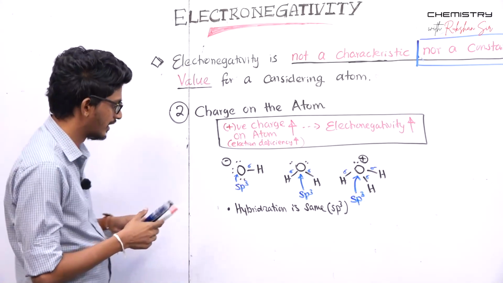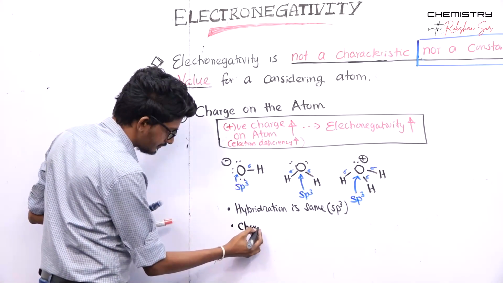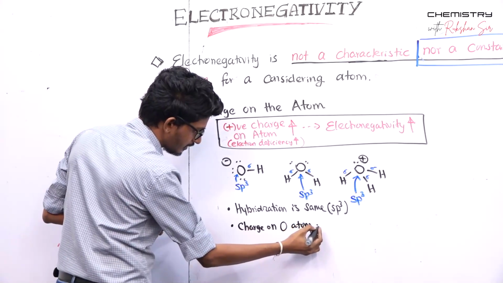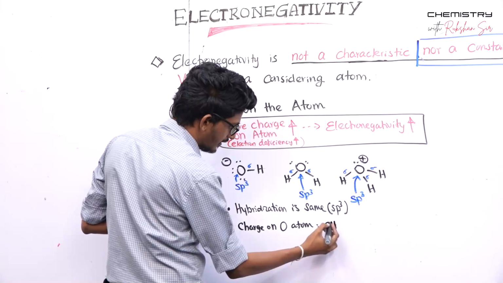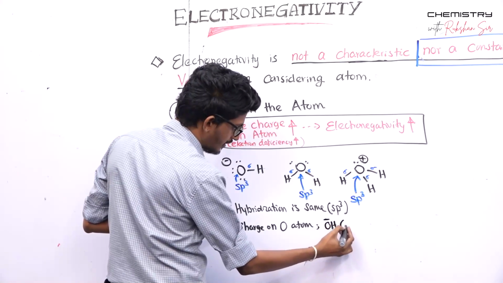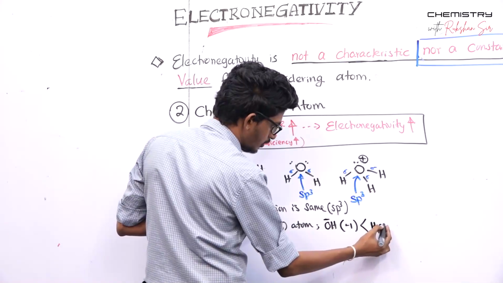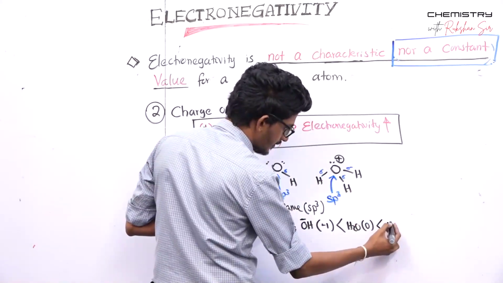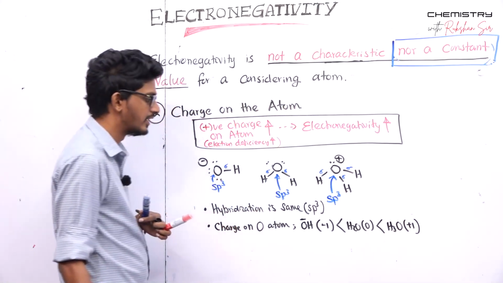So we can say that with the charge on the oxygen atom, with OH minus, you have just a -1 charge. With H2O, you have 0 charge. With H3O plus, you have a +1 charge, which is greater.